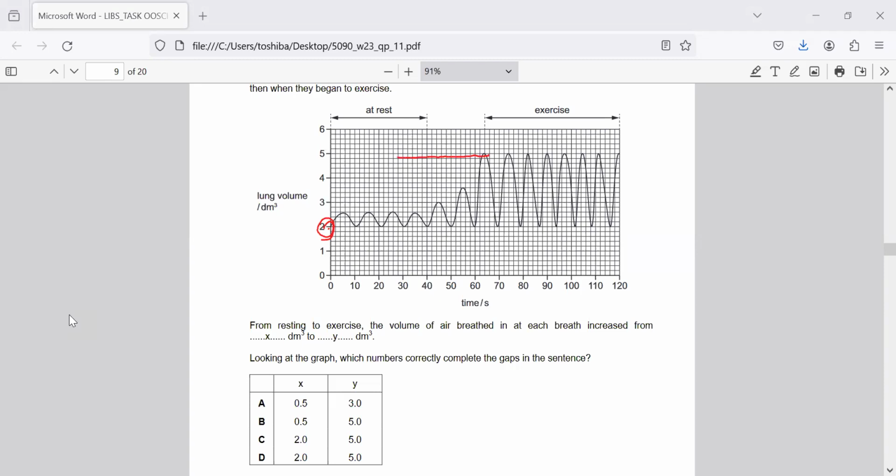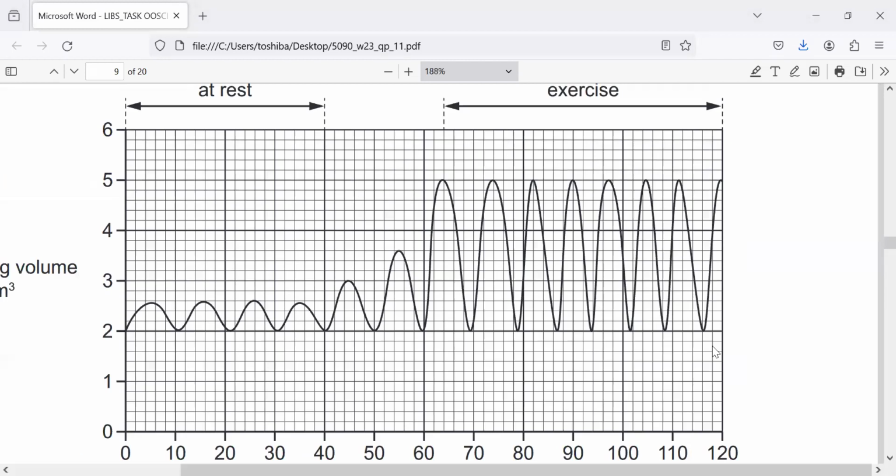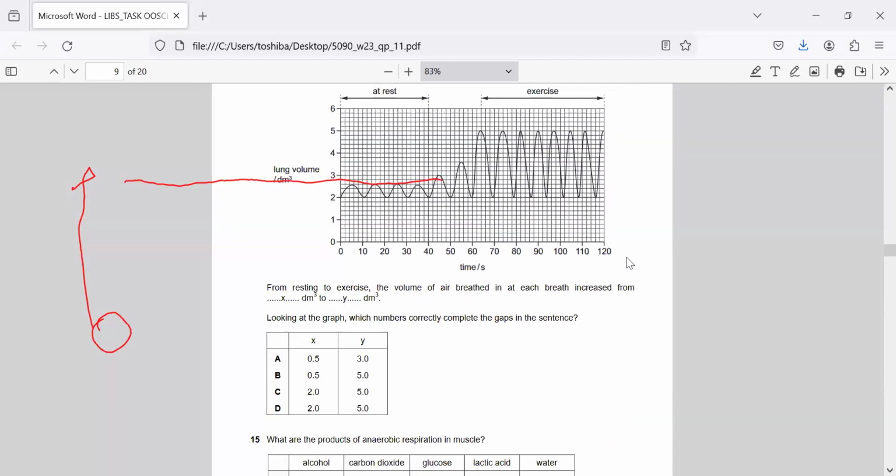Just a second, and then I will zoom it. Initially it was here, and after that it increased to the highest. So it is from 2 to 5. So the correct option for this is C.